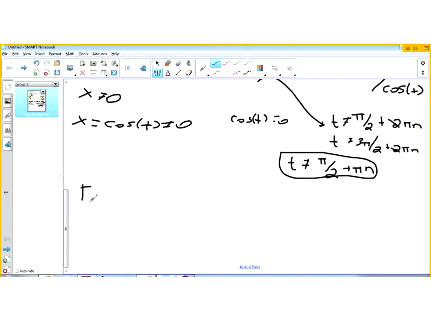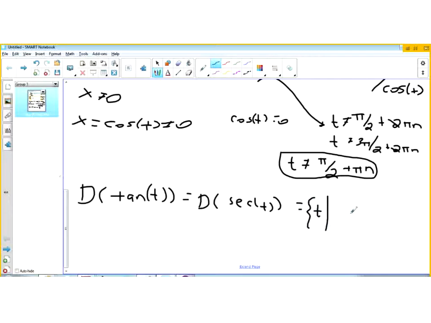Domain of tangent of t is equal to the domain of the secant of t, which is equal to the set of real numbers t such that t cannot be pi halves plus an integral multiple of pi, where n is an integer, either positive or negative.